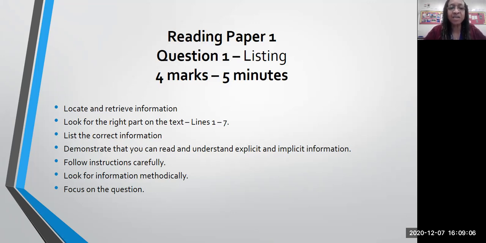You need to locate the information, look at the right part of the text that the instructions are telling you, and then list the information down. You can look and see if there is any implicit information that you may be able to find. But the key thing here is to follow the instructions carefully and methodically. So start at the top and work your way down through the lines that it's asked you to look at, and focus on what the question is asking you to do.